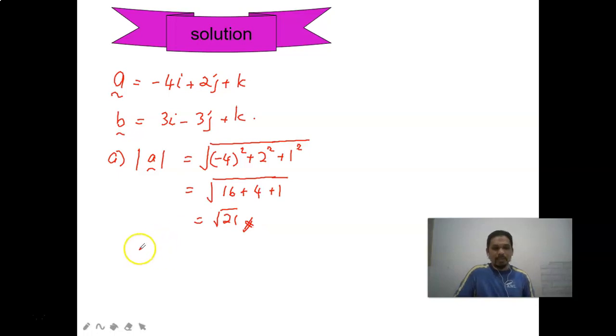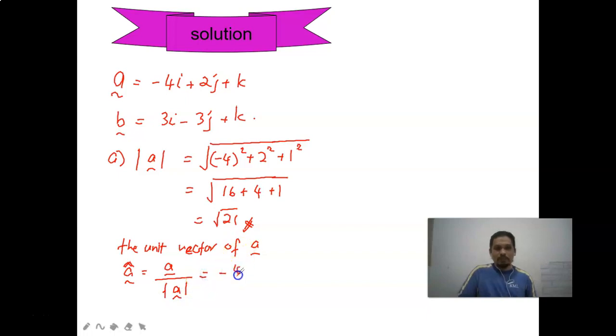Okay, so then the unit vector of A equals vector A divided by the absolute value of vector A, which is negative 4i plus 2j plus k divided by square root of 21.